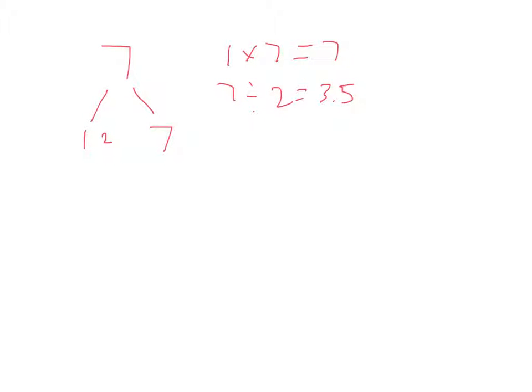So 2 is not one of our factors. 3 doesn't work either. 4 doesn't work, 5 doesn't work, 6 doesn't work. So we only have two factors, 1 and 7, which makes 7 a prime number.